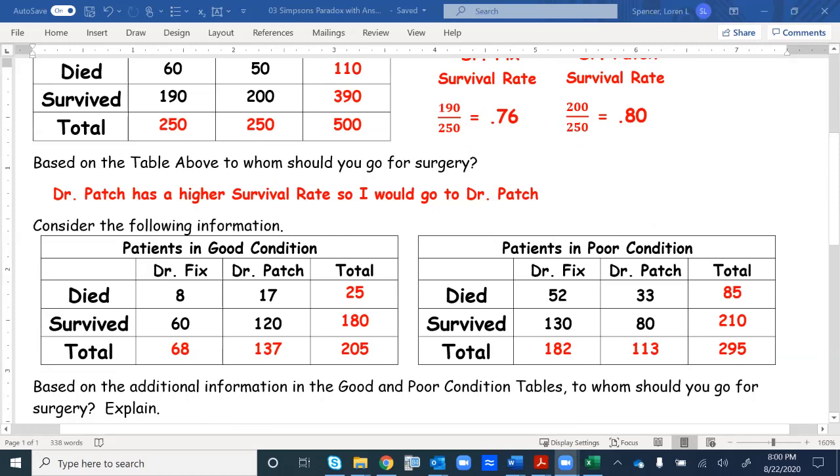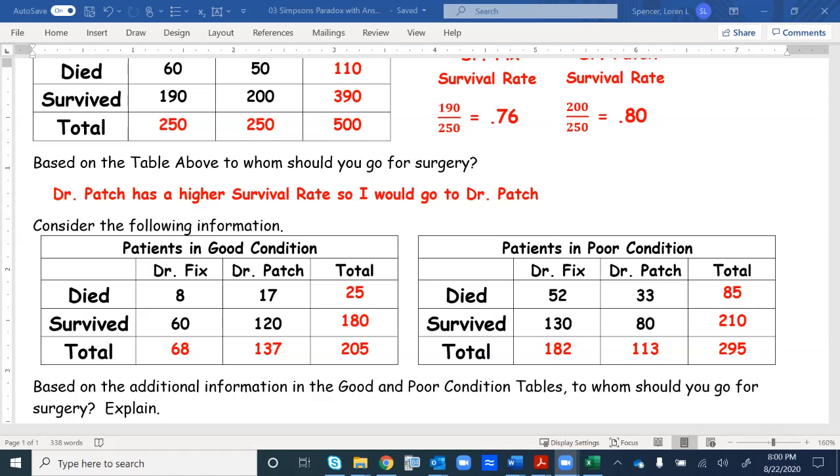All right, so let's break that data down a little further. Turns out that data can be broken down a little further, and we have the patients in what they consider good health condition versus patients in poor health condition. So as it turns out, of the 250 patients that Dr. Fix had, 68 were in good condition and 182 were in bad condition.